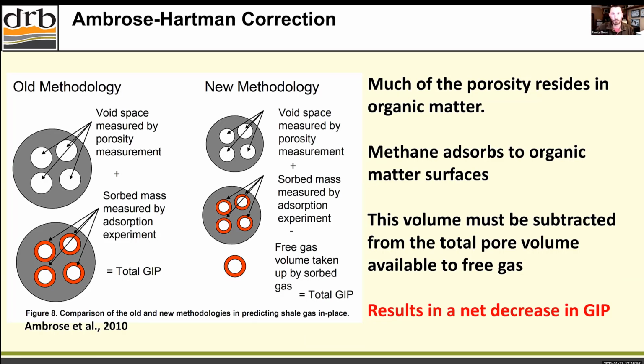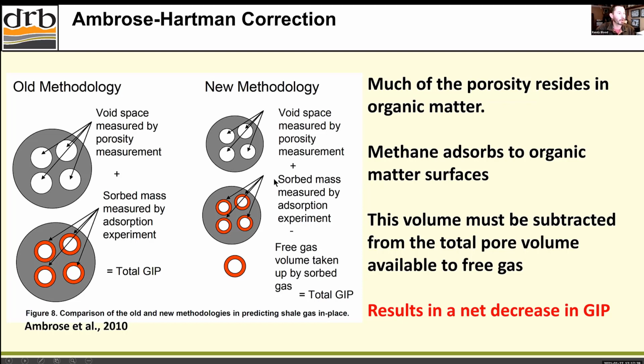There's 50 BCF in one and 50 BCF in the other, so we have 100 BCF in place. But what we weren't accounting for was the fact that adsorbed gas takes up a portion of that free gas pore space when it's adsorbed to these organic matter pores. So you're double counting this adsorbed layer because you're including it in the free gas and it's being included in the adsorbed gas. So you have to account for that.